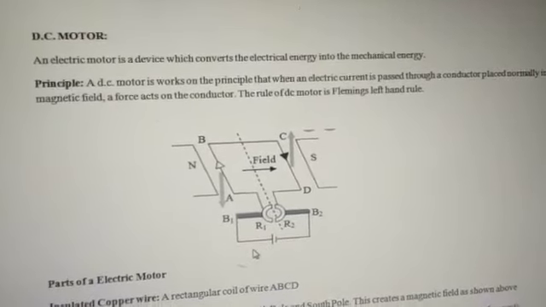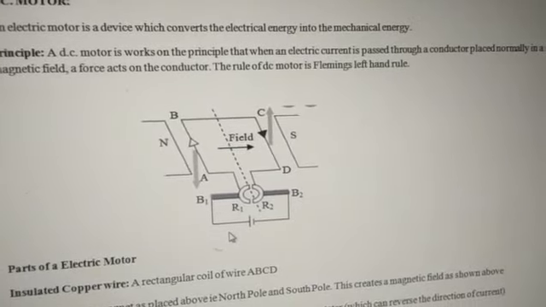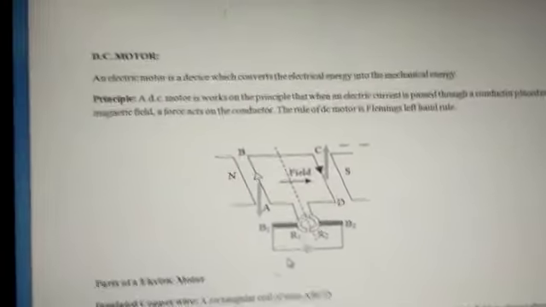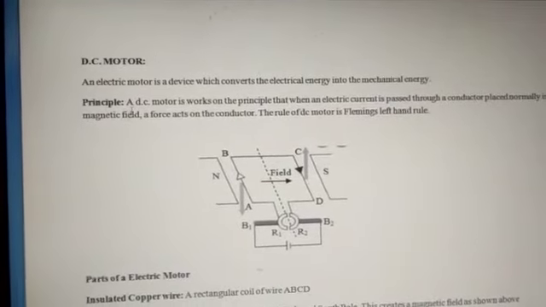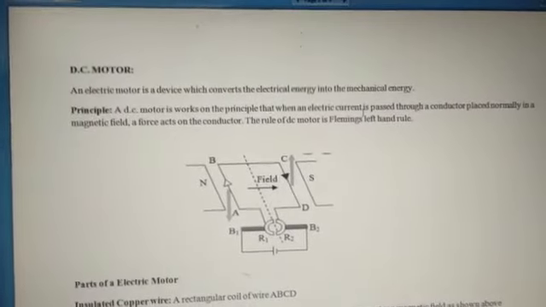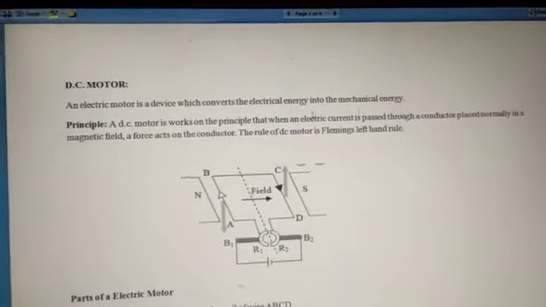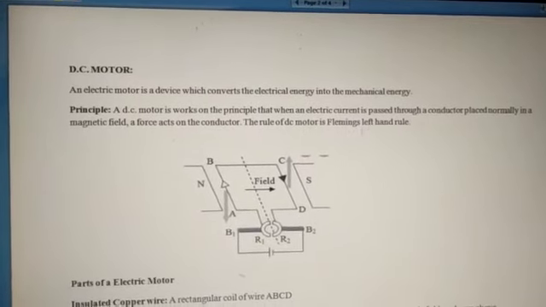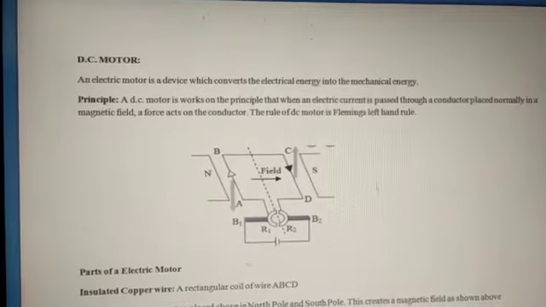That is the principle behind it. And what is the rule behind it? The rule is Fleming's left hand rule. So a motor works on this principle, and the rule for this motor is Fleming's left hand rule.